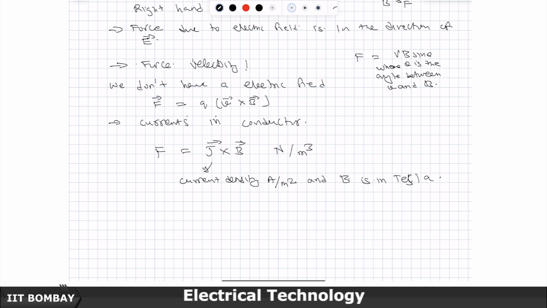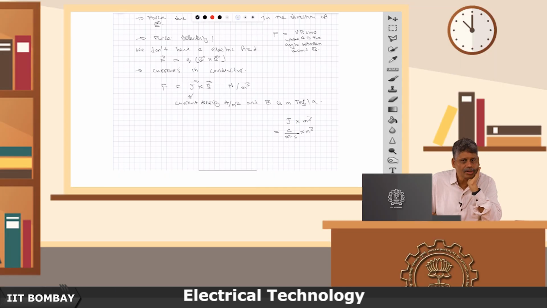So, if you multiply this by a meter cube, that means, if you dimensionally check this, J times meter cube, where J is coulomb per meter square per second, because it is the current density, multiplied by m cube. I am not deriving it, I am just giving you a dimensional check to show that it looks all right.